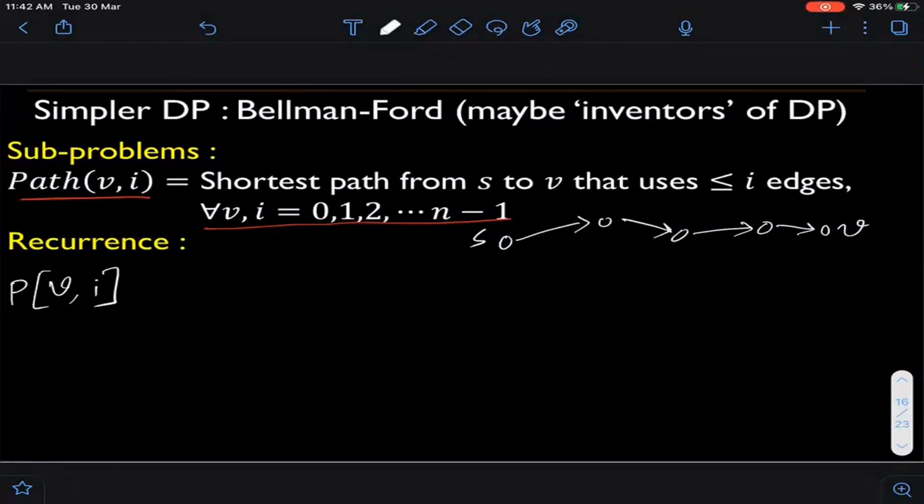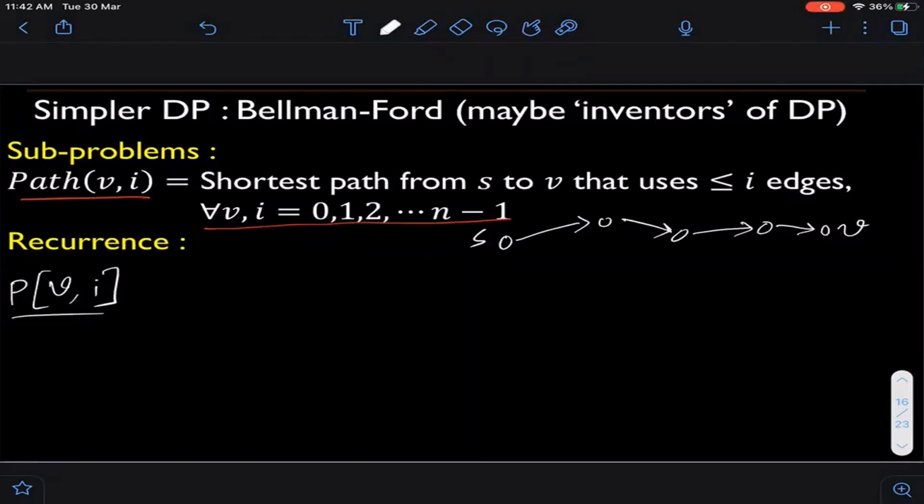One case could be the following: look, here your budget is I, okay? So one case could be that your optimal shortest path from S to V, this is case one, is not actually using I number of edges, it's actually using less than I number of edges.